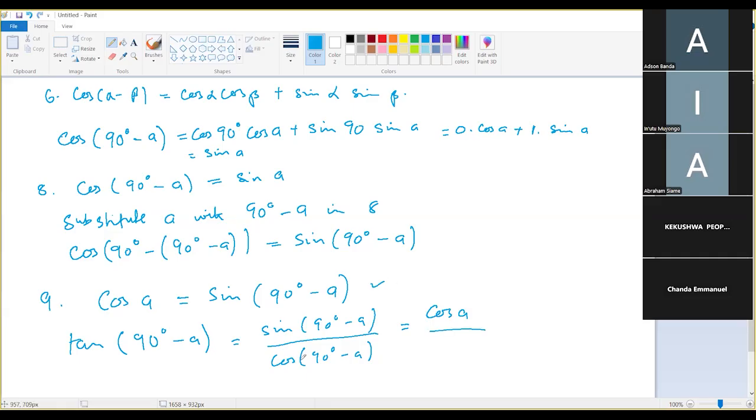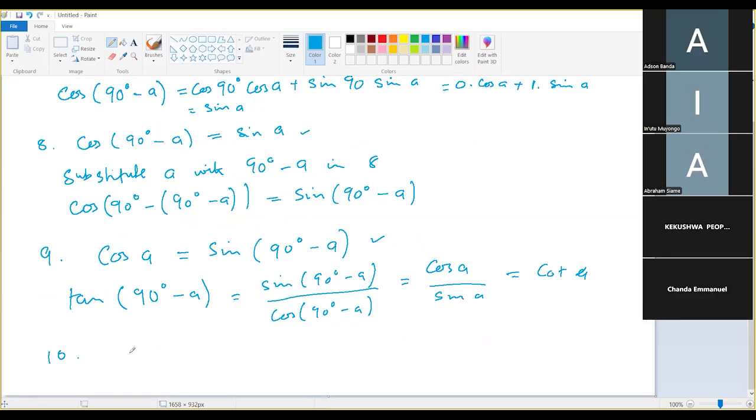And then the cosine of 90 degrees minus A, we got it as sine A. So then in this case, we have that tangent of 90 degrees minus A is just the cotangent of A. So this gives us another identity, which I'm going to call identity number 10. So we have the tangent of 90 degrees minus A is equal to the cotangent of A.